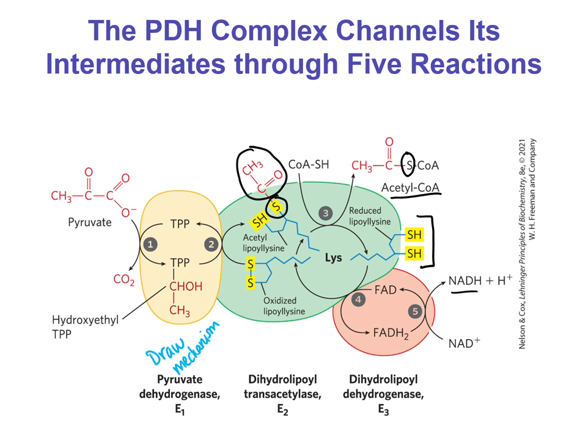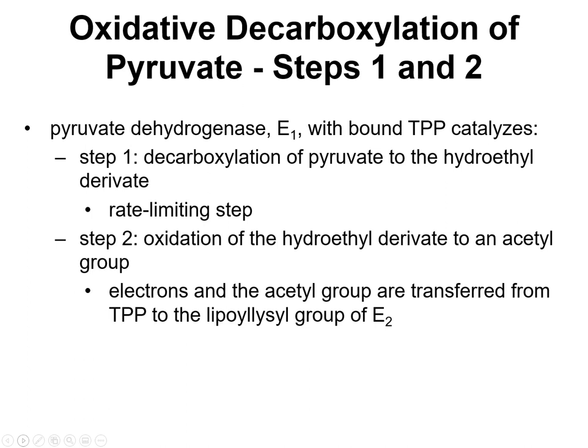So a lot's going on here, a whole lot. That means that there's a lot of things that need to be regulated. Pyruvate dehydrogenase, we said that's the E1 with TPP, catalyzes that decarboxylation. It is the rate limiting step.